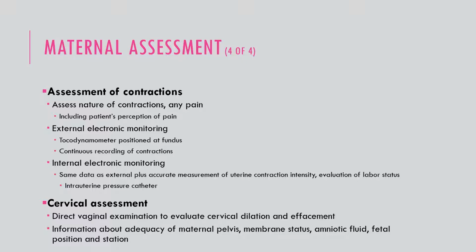The bag of waters has to be ruptured for you to get one of these in, and it's like a huge IV catheter, sort of, placed inside of the mom's uterus, and there's a little pressure sensor on the end of that, so that whenever a contraction happens, that's how it gives us that pressure reading. But it's just slipped in sort of right by the baby's head up into the uterus.